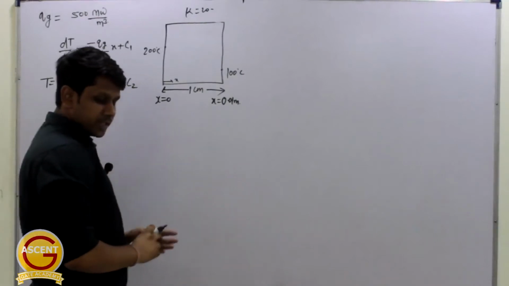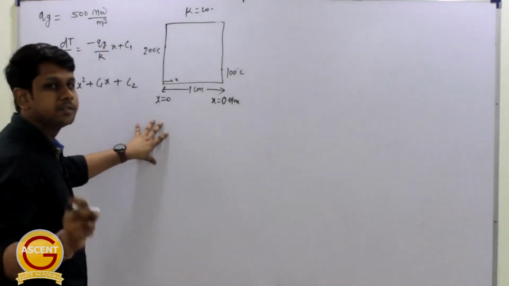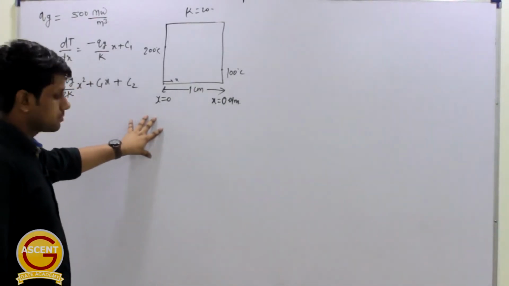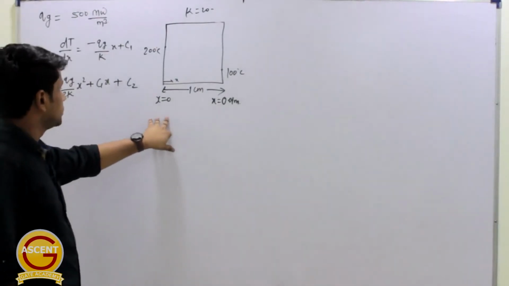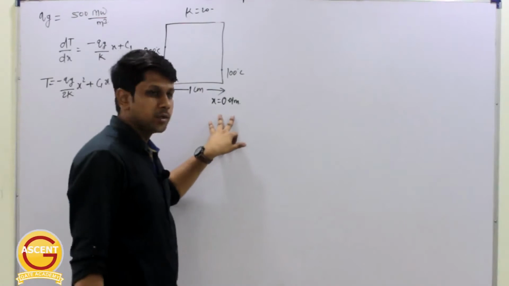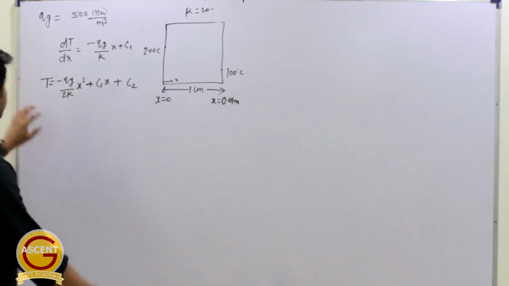As I told you, based on the question you can put the boundary conditions and calculate everything. So here, what are the boundary conditions? First boundary condition: at x equal to 0, temperature is 200, and at x equal to 0.01, temperature is 100 degrees Celsius, right?